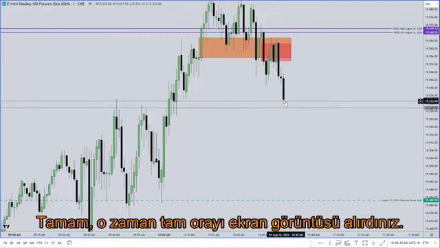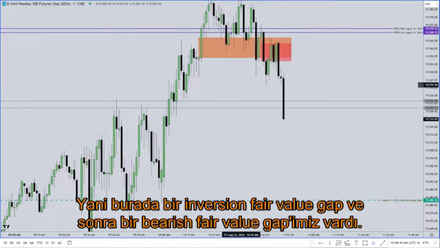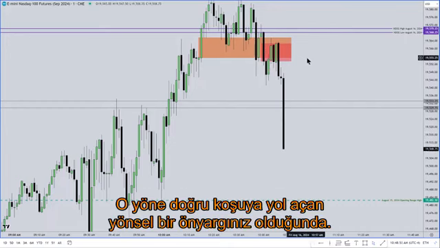Okay, so you would screenshot that right there. So what we had is an inversion fair value gap here, and then a bearish fair value gap. That is a very, very nice model when you have a directional bias that leads to that directional run.